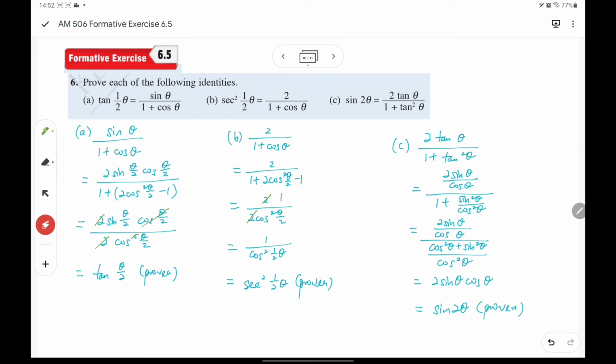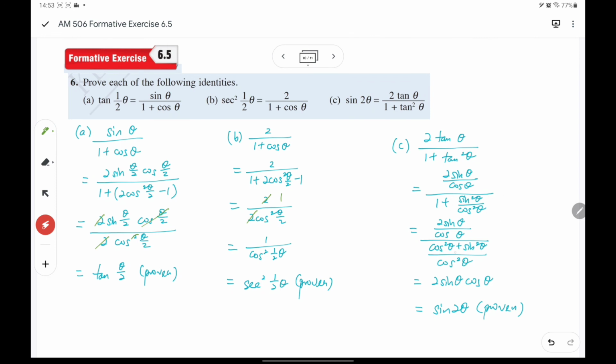C. Sine 2 theta equals 2 tangent theta over 1 plus tangent square theta. So we start from the right hand side and see. So 2 tangent theta, we can expand it into 2 sine theta over cosine theta. And then the 1 plus tangent square theta is actually 1 plus sine square theta over cos square theta.